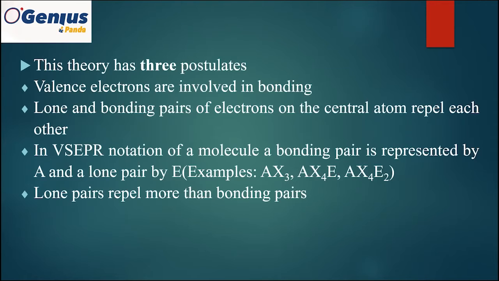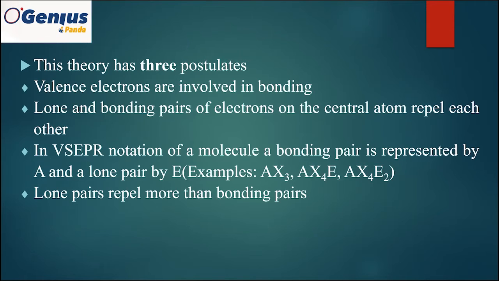Let's start with the explanation of the concept. The theory has three postulates. First of all, it says that valence electrons, the electrons on the outermost shell around the central atom in a given molecule, are the only ones involved in bonding.